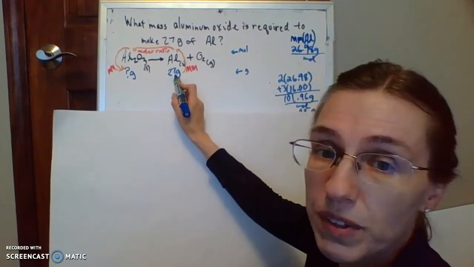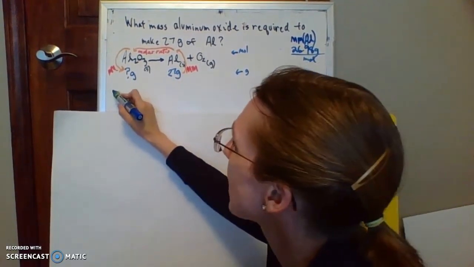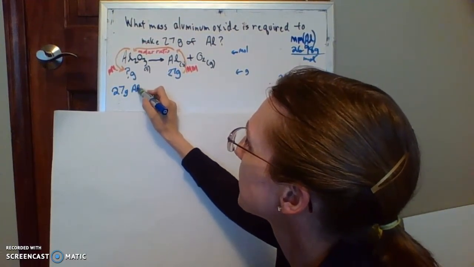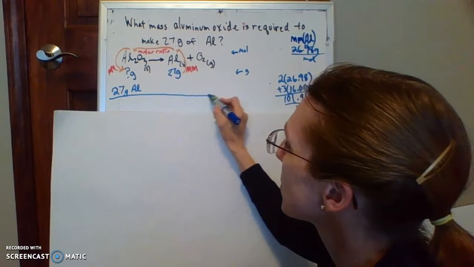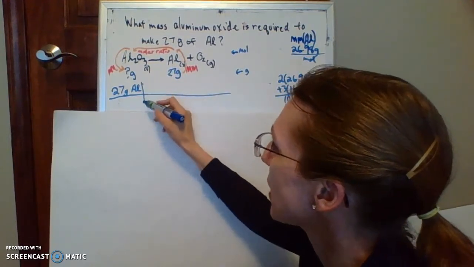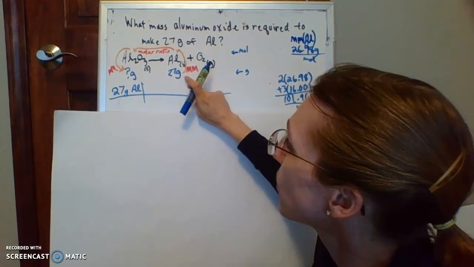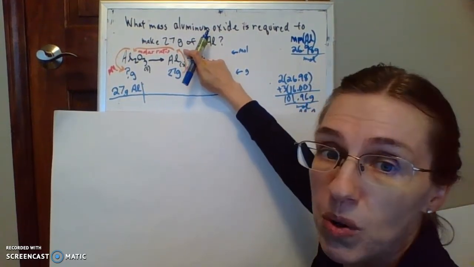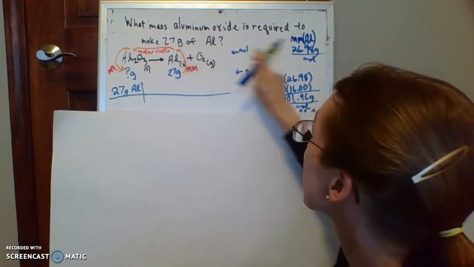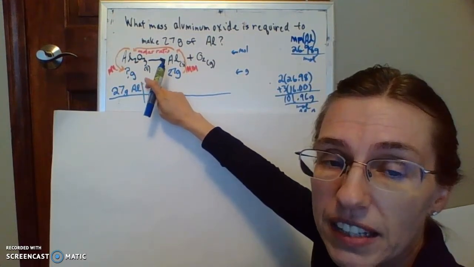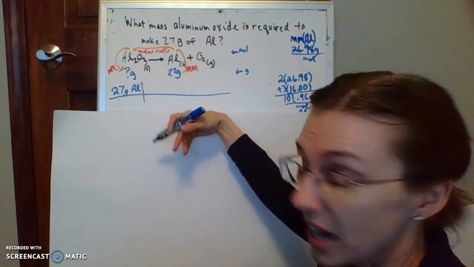Okay, we're going to start with the thing that they give us, 27 grams of aluminum. Let's put our little grid up here so we can keep the numerator and the denominator separated. Now, we know we've got to use the molar mass of aluminum to get up to moles. So that's our first step. Grams are in the top, so where do grams have to be to cancel out? They have to be in the bottom.